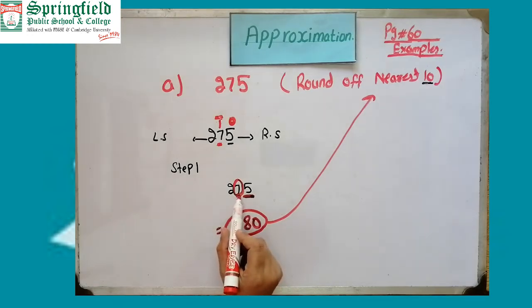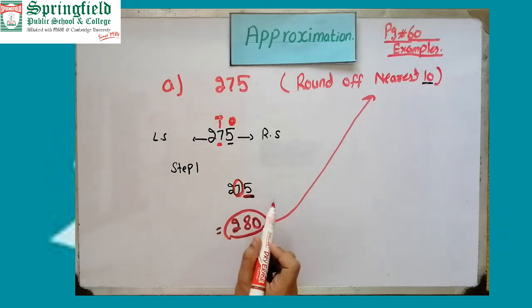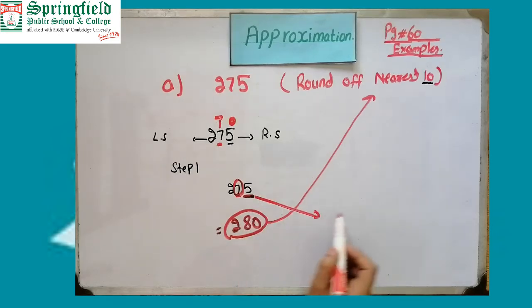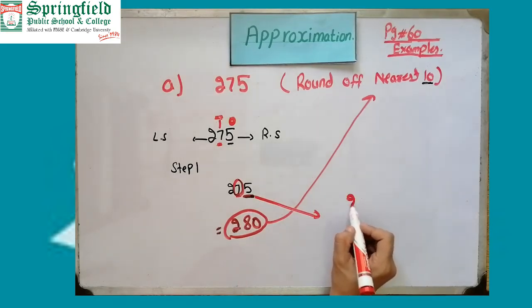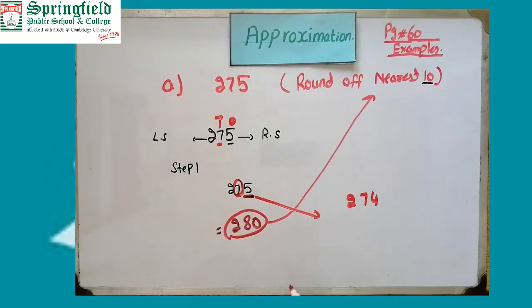And when the digit after the circle is less than 5, meaning 4, 3, 2, then how do we do it? Let's suppose the number is 274. What will be the rounded value to the nearest 10?